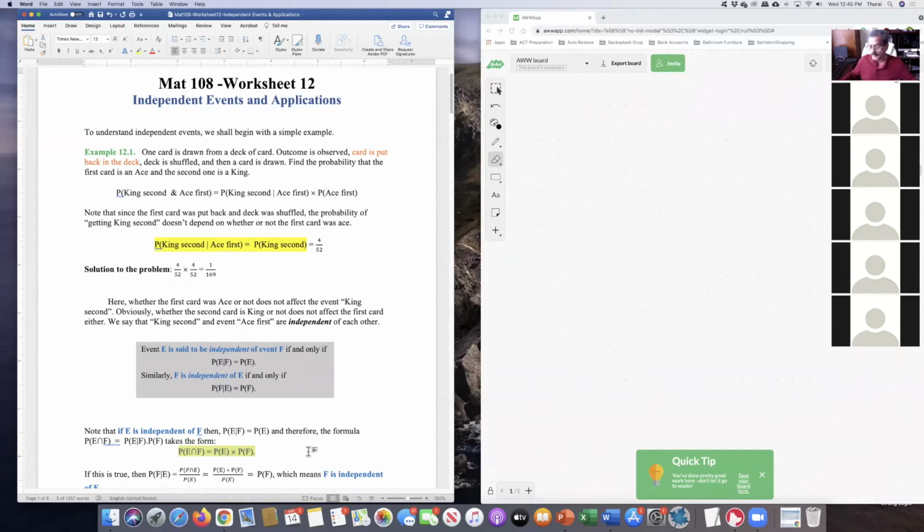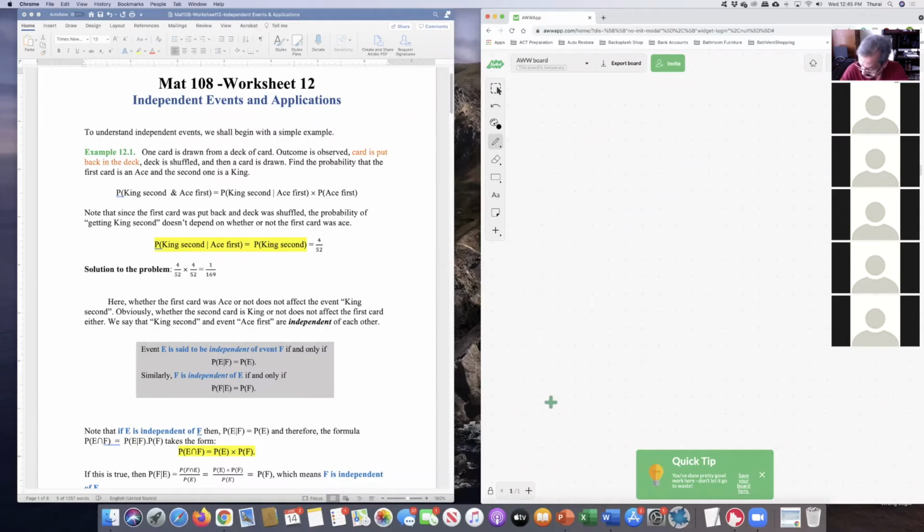Now I'm going to show you why, if E is independent of F, then F is going to be independent of E. It's going to go both ways. I'm going to show you why mathematically. It's all worked out on the worksheet here, but I'm going to write it on the board.